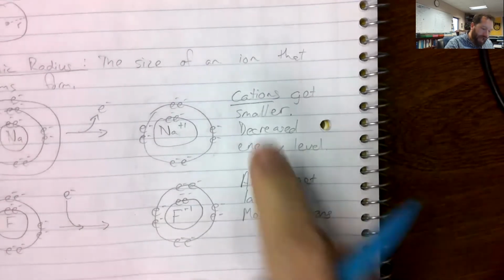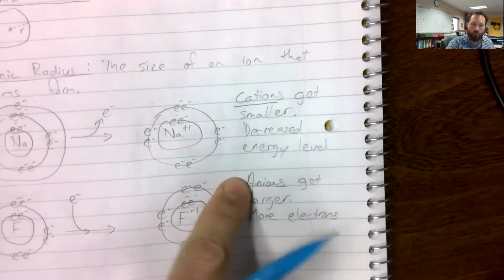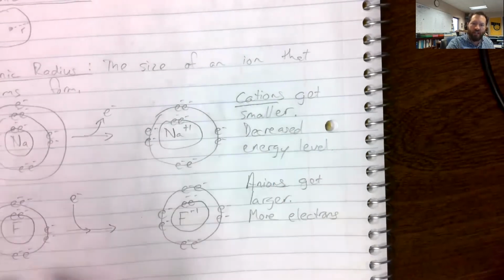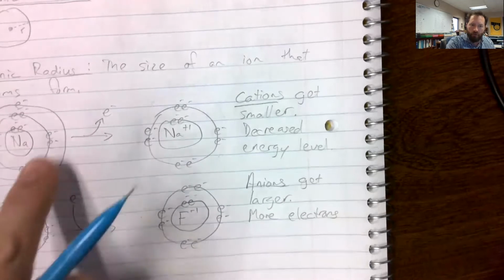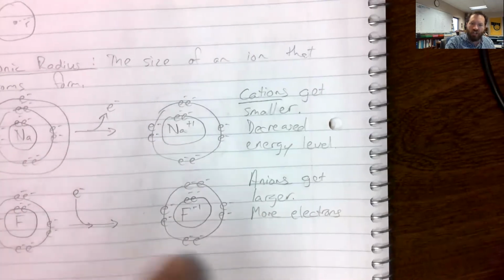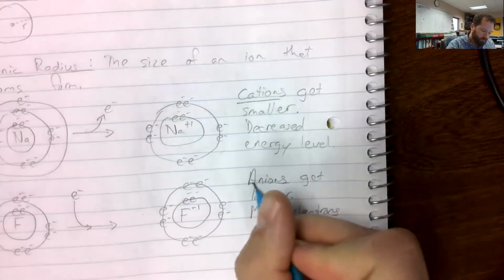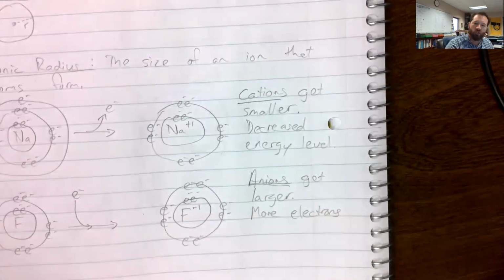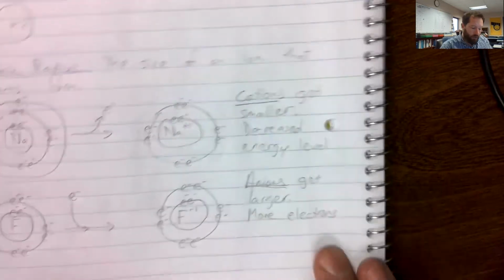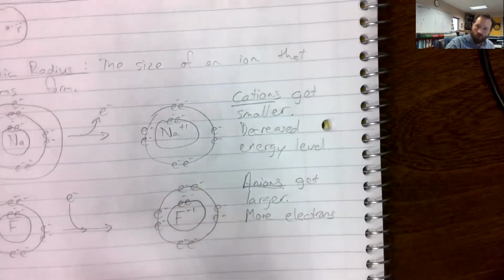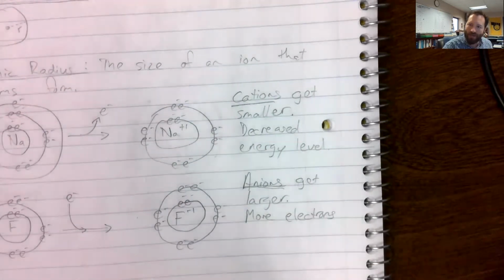So whereas our cations got smaller, whenever we form a positive charged ion, it gets smaller than the atom. Our anions are actually going to get a little bit bigger. So again, anions are negatively charged ions, and they're going to get a little bit larger. And one of the big reasons for that is they now have more electrons, which need more space. They're negatively charged.